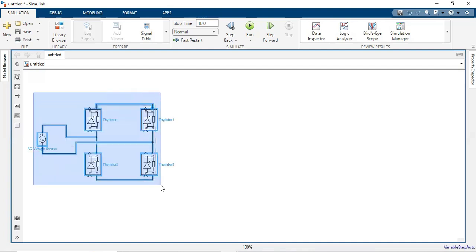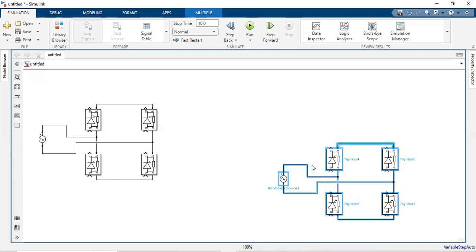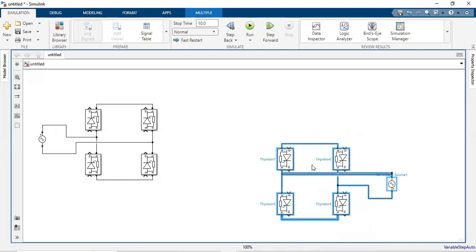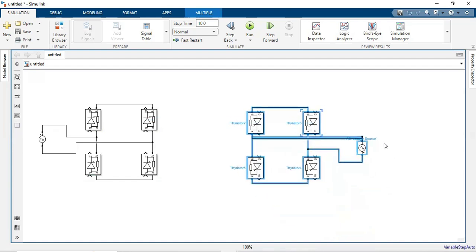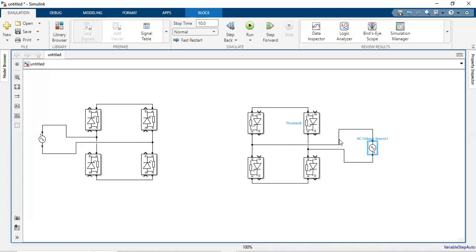Then we will be having the same converter, and these two converters should be connected in anti-parallel. And the second converter also should be connected to the same AC voltage source.